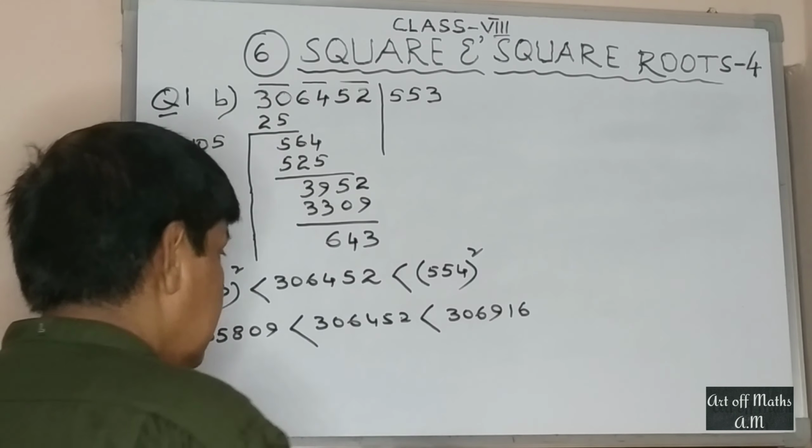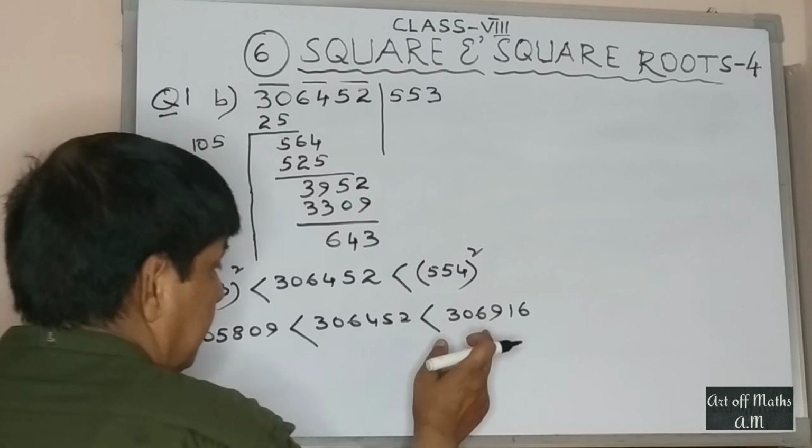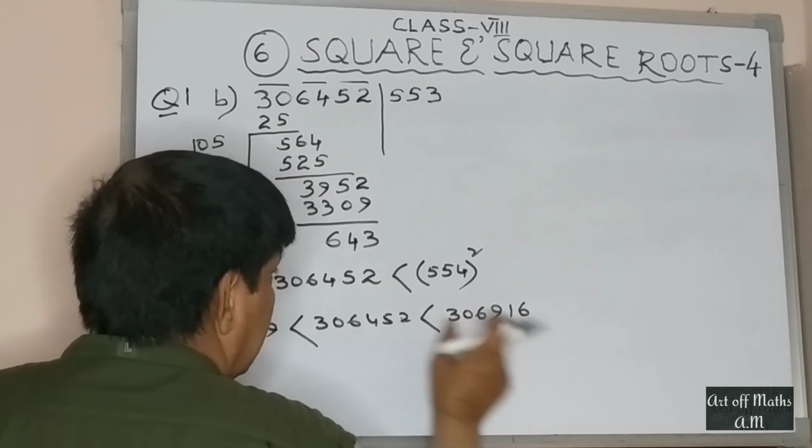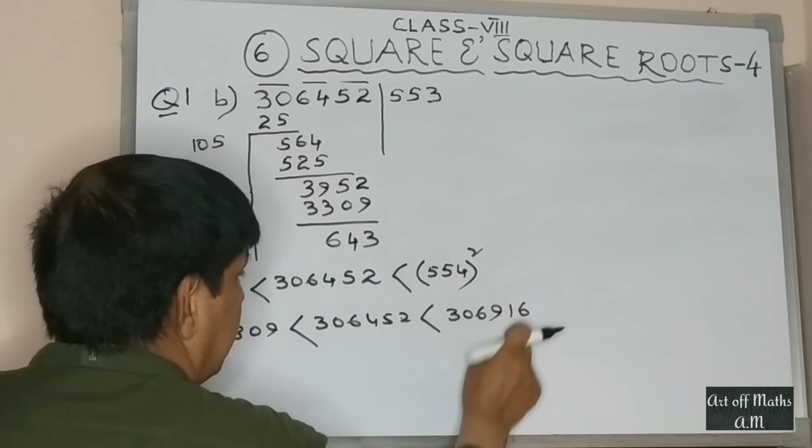Now at this stage we have to subtract the given number from the next square number.